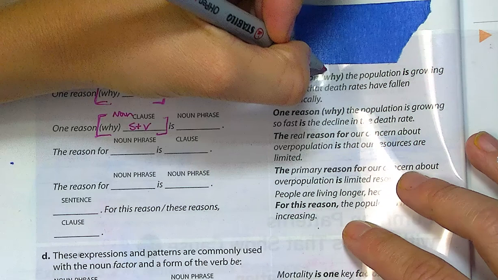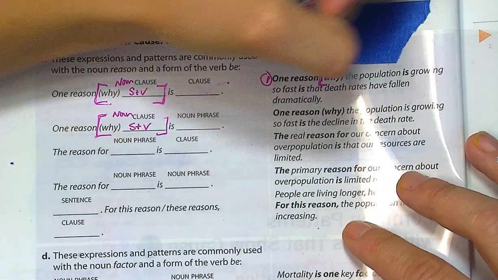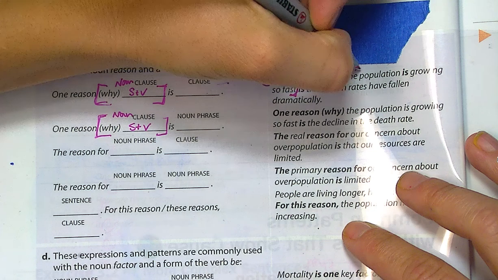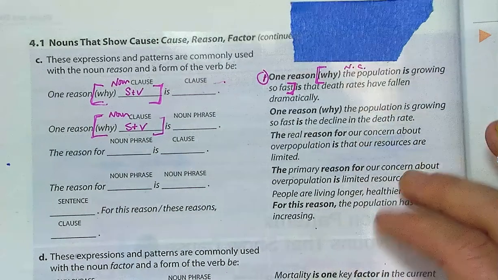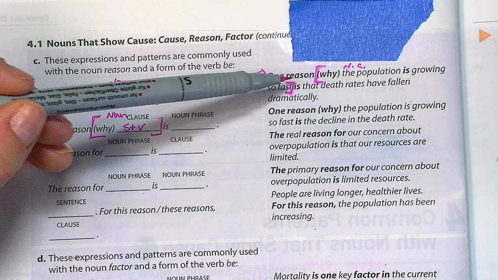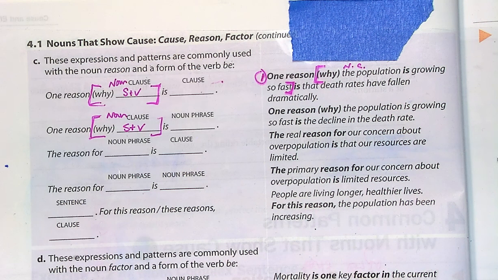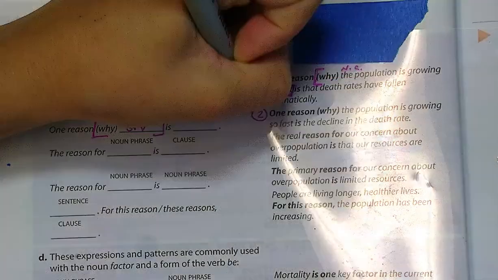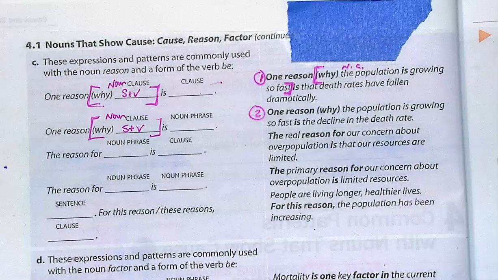In this case, this section in the brackets, this is our noun clause. The population is growing. And then we have our main clause, one reason is. Example number 2 shows us the same thing.